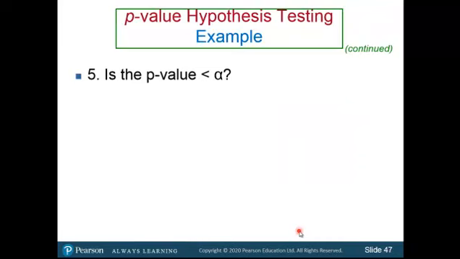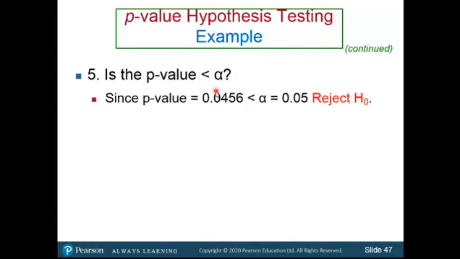So then step number 5: is the p-value less than alpha? P-value is 0.0456, which is less than alpha value, which is 0.05. Remember the rule, when p is lower than alpha, reject null hypothesis.